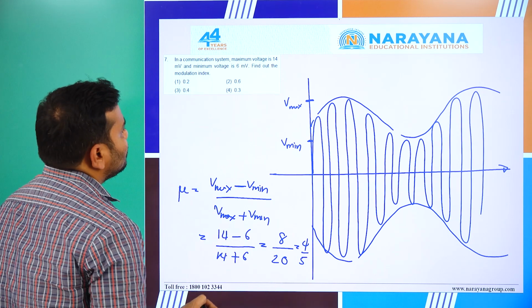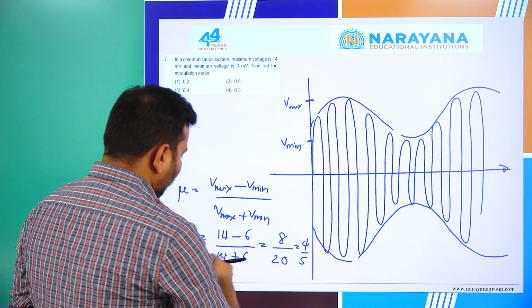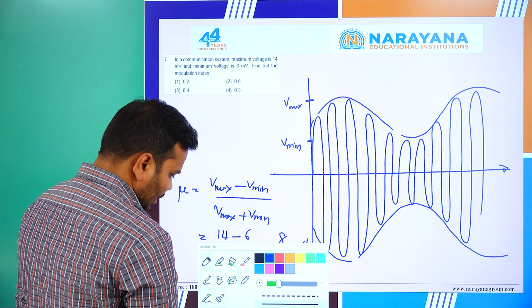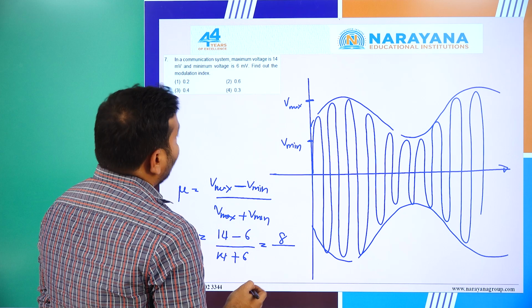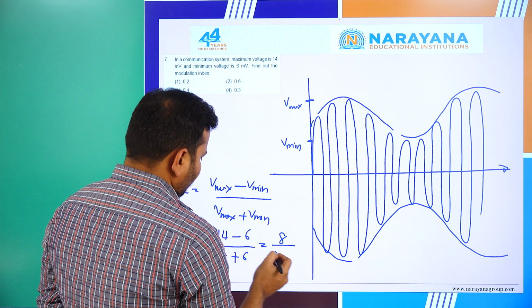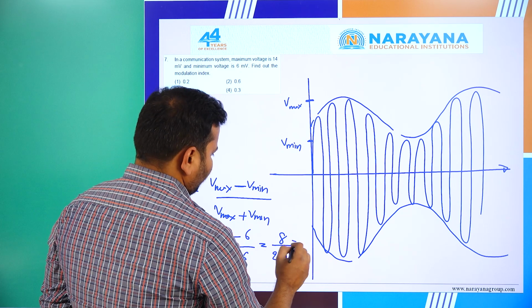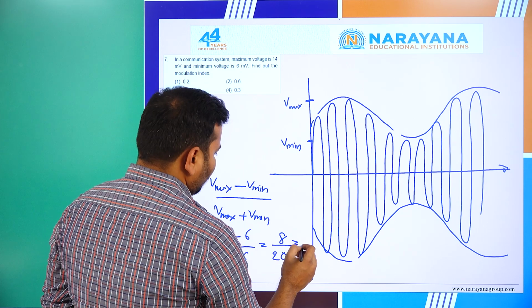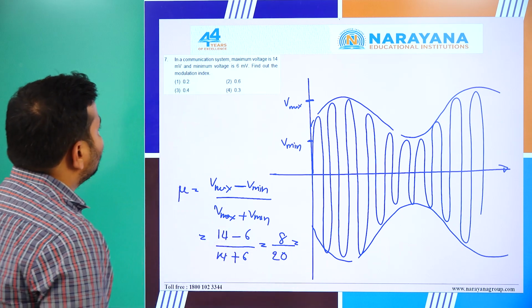It's like 14 plus 6, right? Yeah, so I committed a mistake. Wait a second. We are getting V maximum minus V minimum and V maximum plus V minimum.